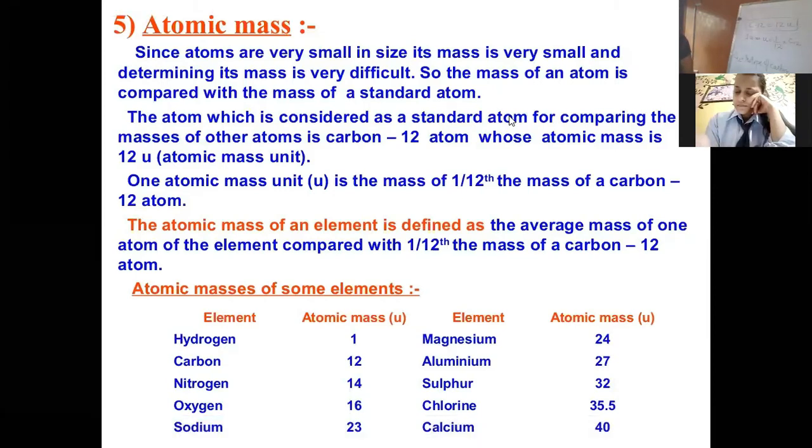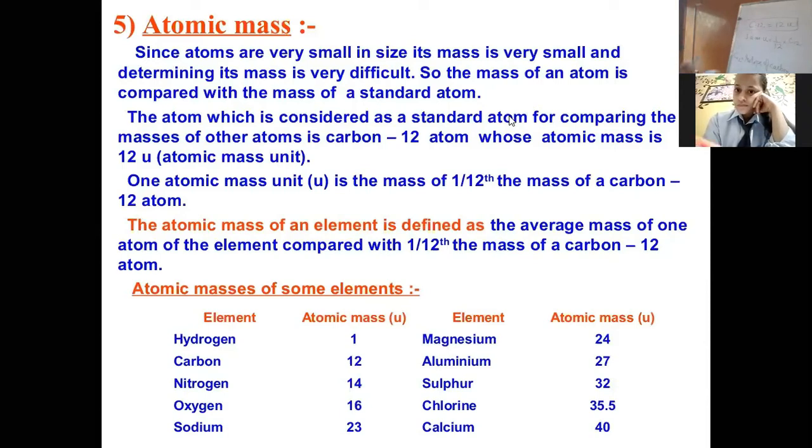Atomic mass of an element is defined as the average atomic mass of the atom of an element as compared with 1 by 12th of the mass of carbon 12. In other words, atomic mass of an element is the number of times an atom is heavier than 1 by 12th of C12.